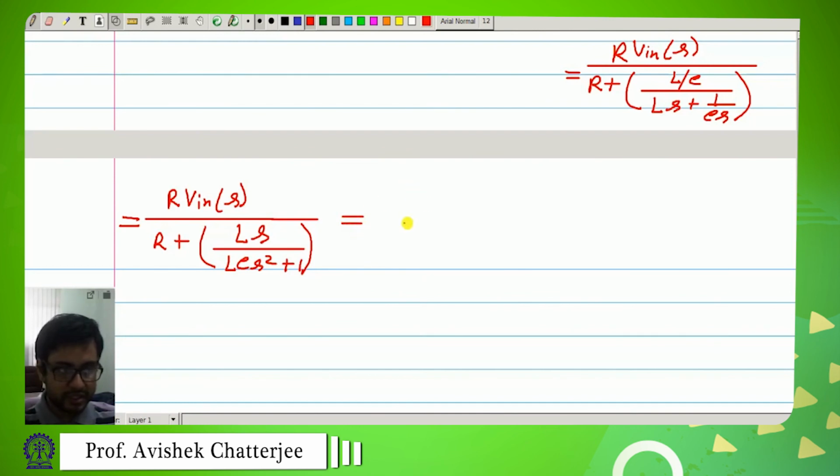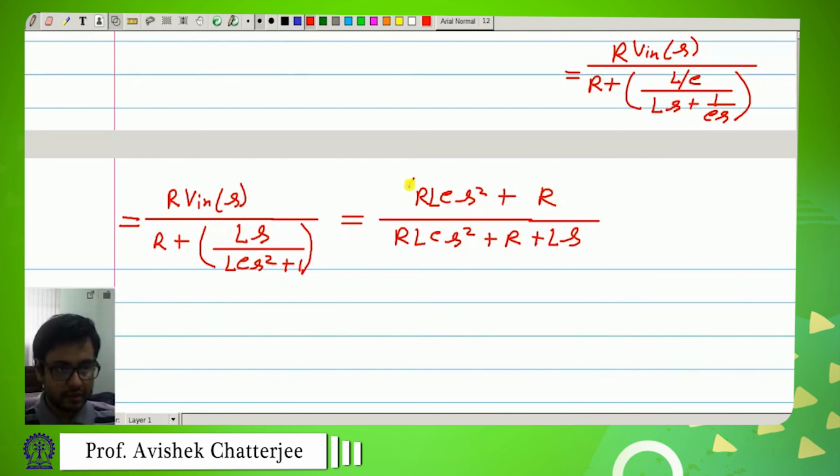Now this is RLCs square plus R plus Ls, and above we have RLCs square plus R multiplied with V in.